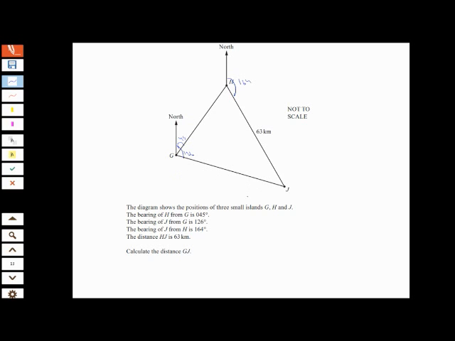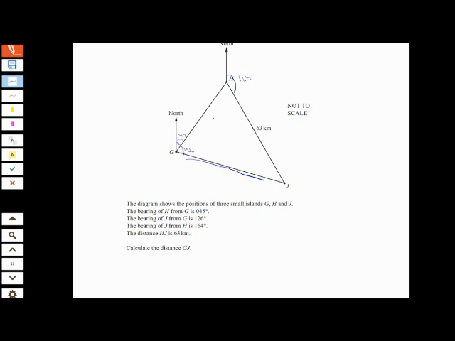So first, we need to find the angles inside the triangle. How do we do that? Easy, because we have now 45 and 126. So if you do 126 minus 45, you will get this angle right here, which is 81.